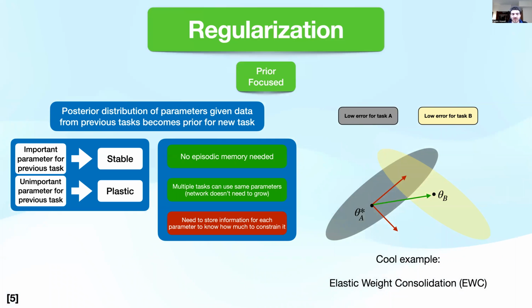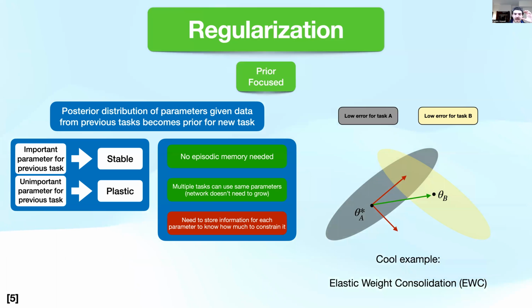Now, if we look at elastic weight consolidation, it's a perfect example of this, and it has this nice physical intuition behind it, whereby you can think of the gray low error space. Clearly, moving along the minor axis would cause a change in error more quickly than moving along the major axis.